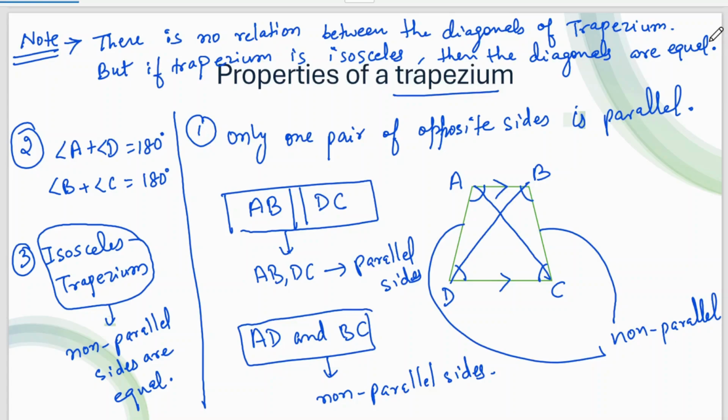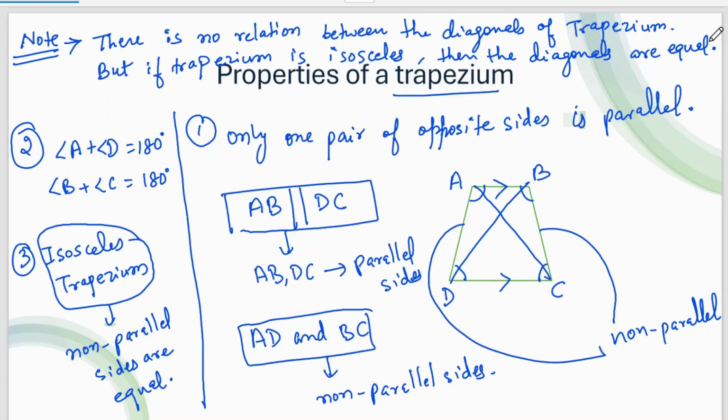So we have to remember that in a trapezium only one pair of opposite sides is parallel. We have AB and DC as parallel sides, and AD and BC as non-parallel sides.